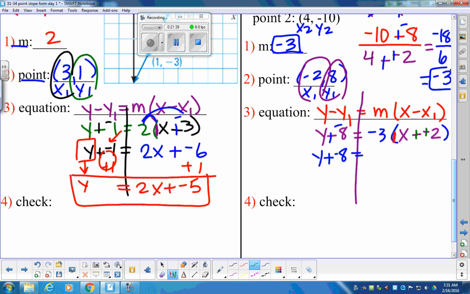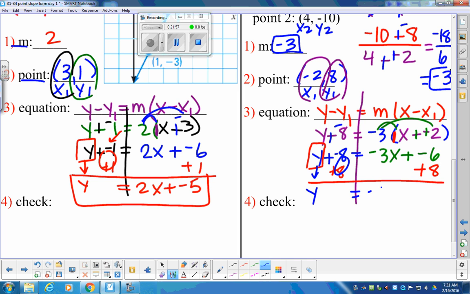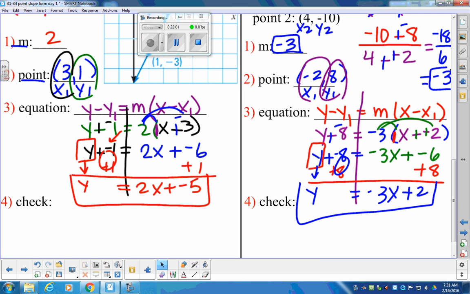Distribute, kill that parentheses, so we multiply it in, gives me negative 3x. Reattach the variable x. Keep the sign, distribute. Negative 3 times 2 is negative 6. Hand method kicks in. Solving for the variable y, I add 8, copy, paste. So we have y equals, if I haven't used it, drag it down, plus 2. y equals negative 3x plus 2.